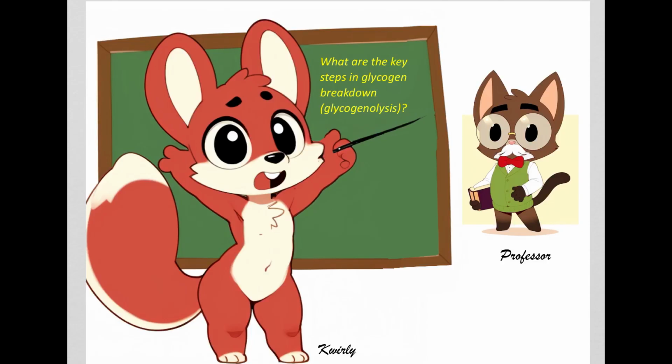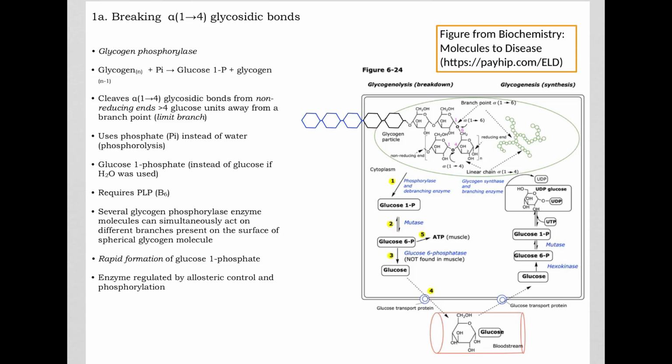So let's look at the key steps that are involved in glycogen breakdown. We'll focus first on the liver, breakdown of glycogen or glycogenolysis in the liver, and then we'll talk a little bit about glycogenolysis in the muscles. Recall that glycogen is a very, very highly branched polysaccharide.